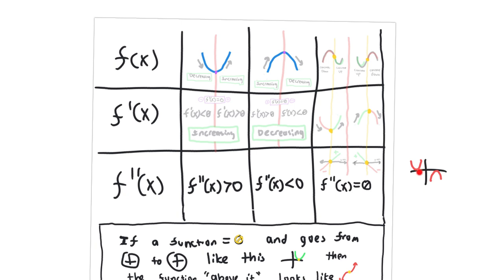We are instead interested in when the graph of the second derivative goes through the x-axis. So that is concept number one. Anytime the graph of the second derivative goes through the x-axis, that represents a point of inflection on the original function graph.